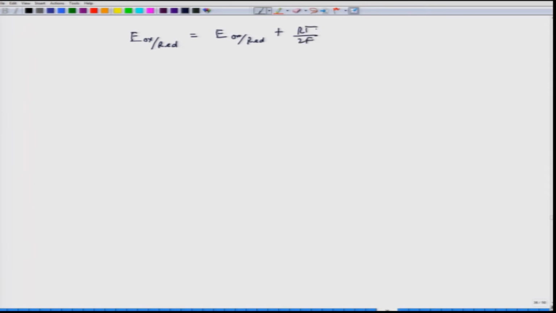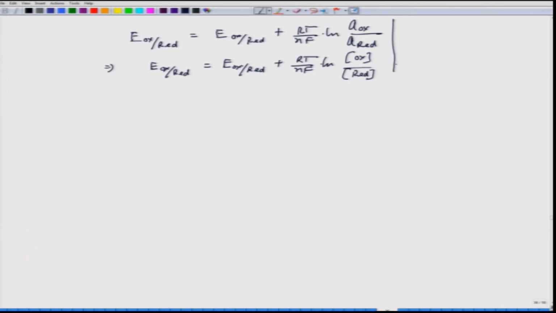Now, instead of 2 I can generalize to nF ln of activity of ox by red, or I can write, so these two are the generalized statements of the Nernst equation.